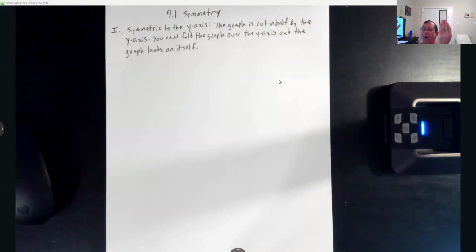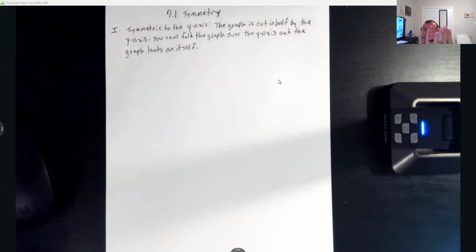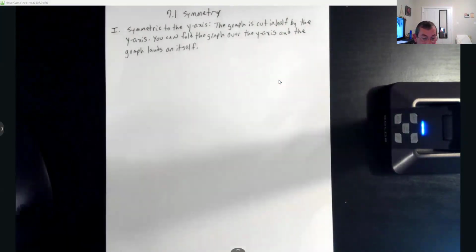And so it's almost like a mirror image. You're folding it over the y-axis, it lands on itself, so that makes it symmetric to the y-axis.